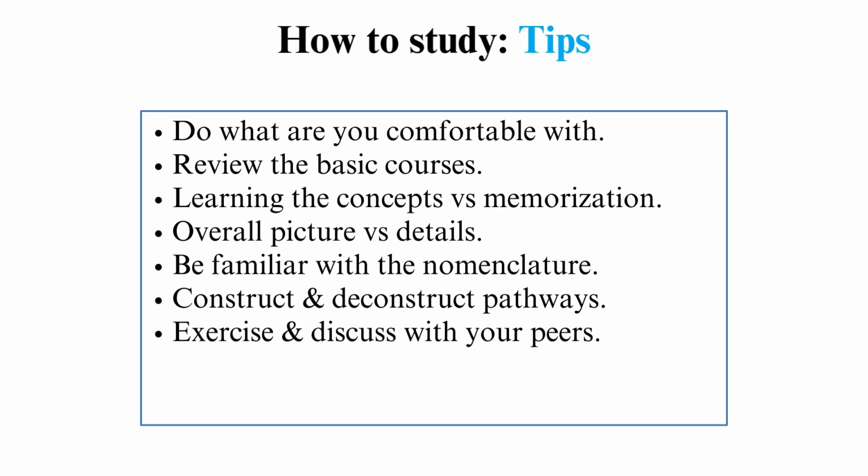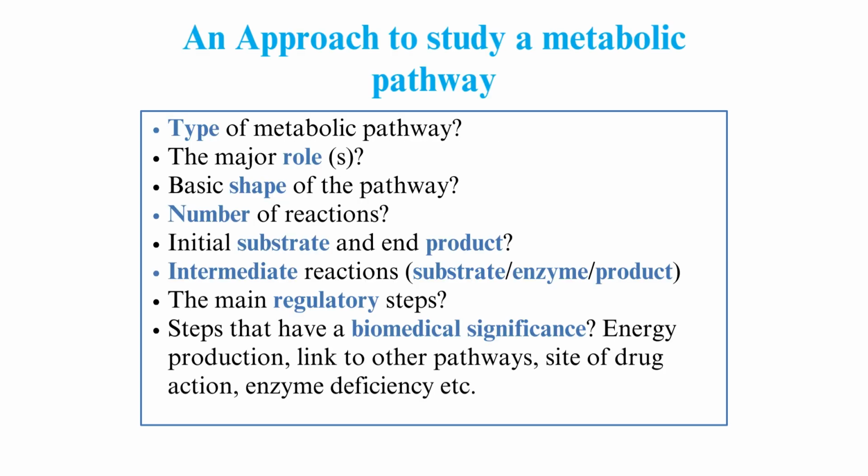So the nomenclature is important, and learn how to construct and deconstruct pathways. Deal with it as a play. And then, of course, exercising and discussion with your peers will make the information stick and will make memorization easier and faster.